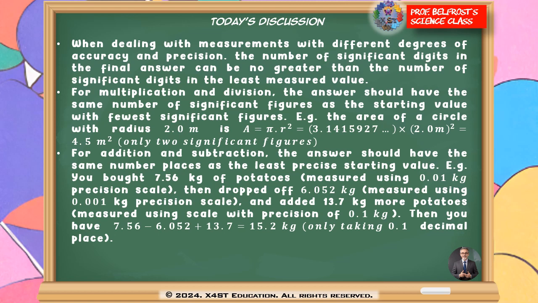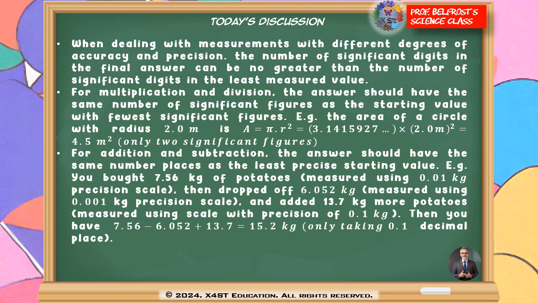For example, we bought 7.56 kilogram of potatoes measured using a 0.01 kilogram precision scale, and then we took away 6.052 kilograms measured using a 0.001 kilogram precision scale, and then finally we added 13.7 kilogram more potatoes that we measured using a scale of precision 0.1 kilogram.